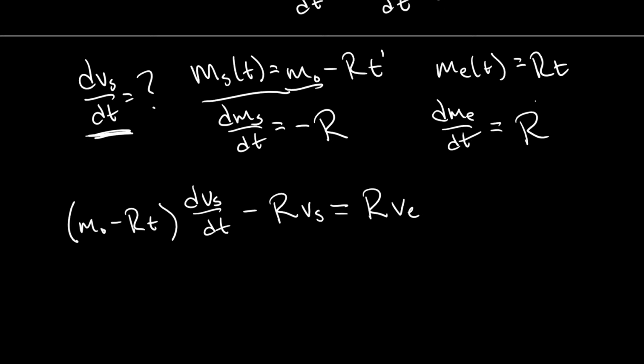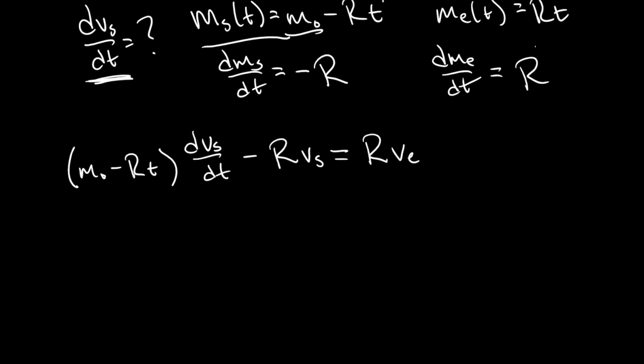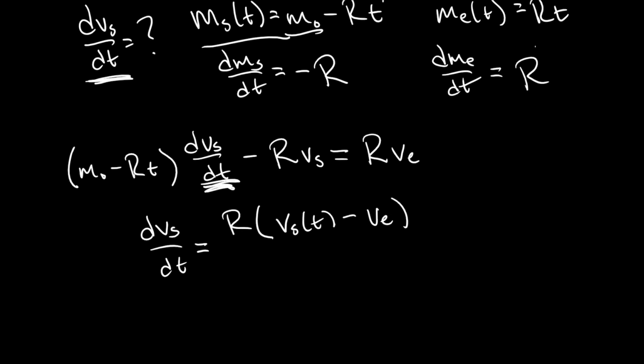Okay, so now let's just go ahead and put everything that isn't the derivative of velocity, the velocity that we care about, on the right-hand side. So dv_s/dt is equal to, factoring out a total r, (v_s(t) minus v_e), or plus, divided by m_0 minus rt.